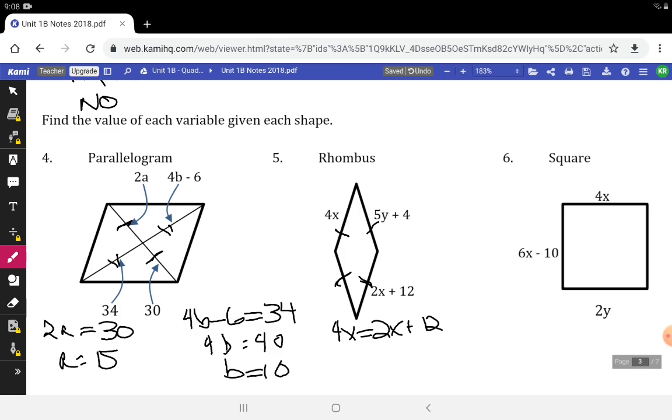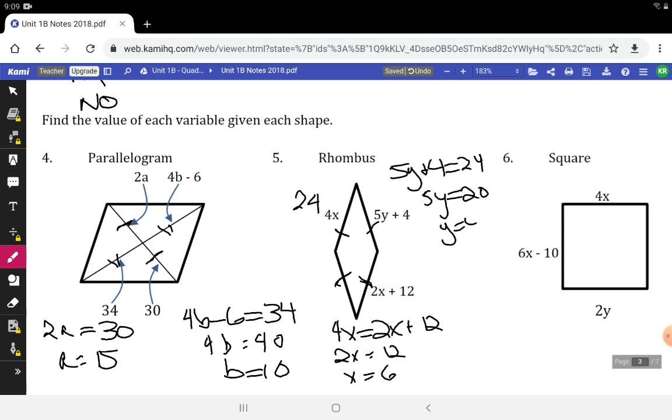So we'd subtract 2x from both sides and get that 2x equals 12 and x equals 6. So that means that each side is 24, 4 times 6, which is helpful because now we can find a new equation for y and say 5y plus 4 equals 24. Subtract the 4, 5y equals 20, y equals 4.